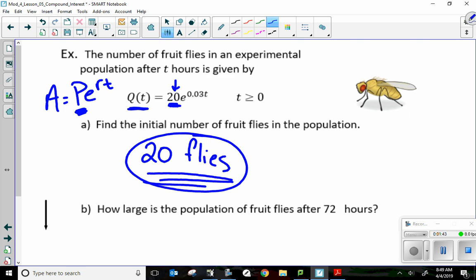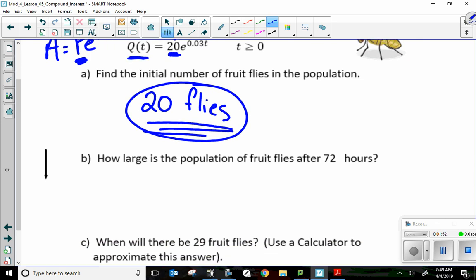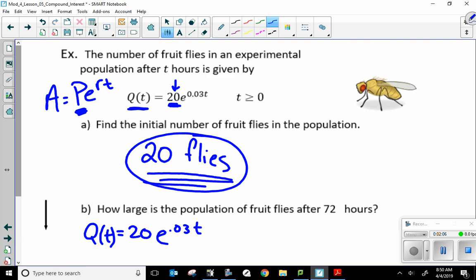B, how large is the population of fruit flies after 72 hours? All right, well, keep in mind our equation is 20e to the 0.03 T. This gives us our population, which they're calling Q of T, and time in hours.